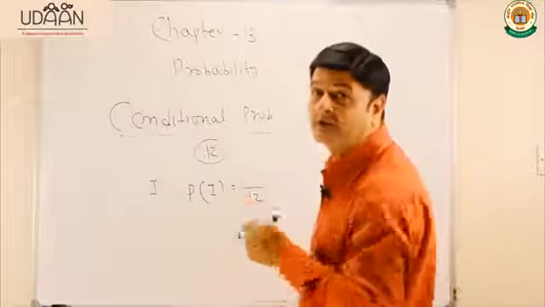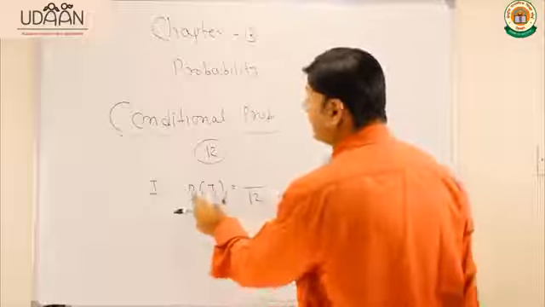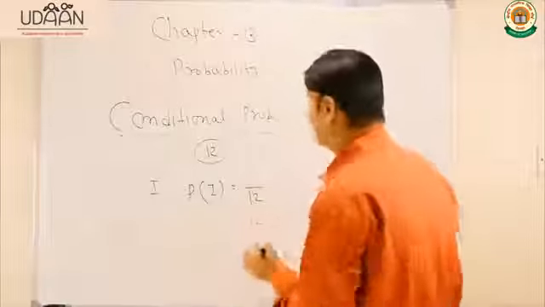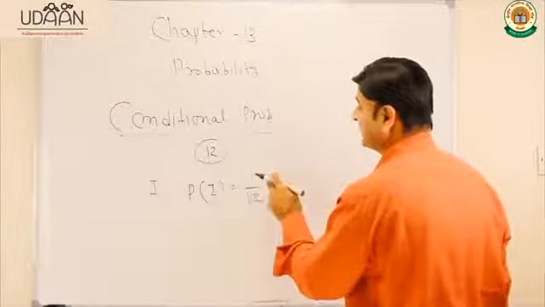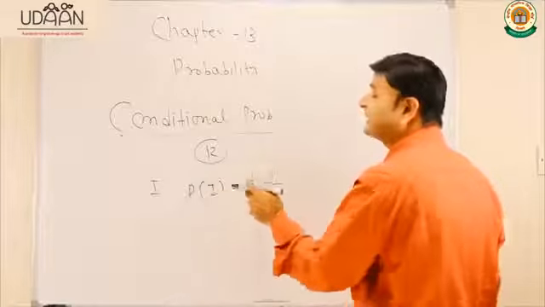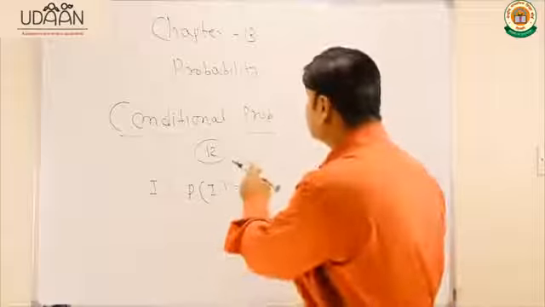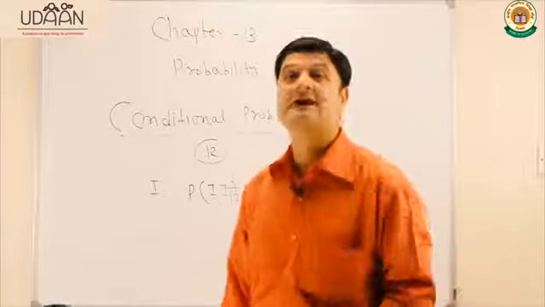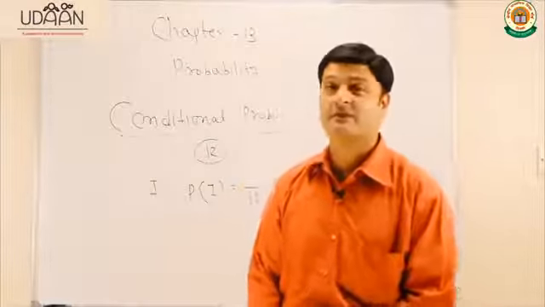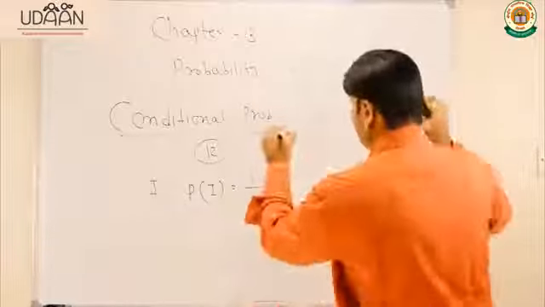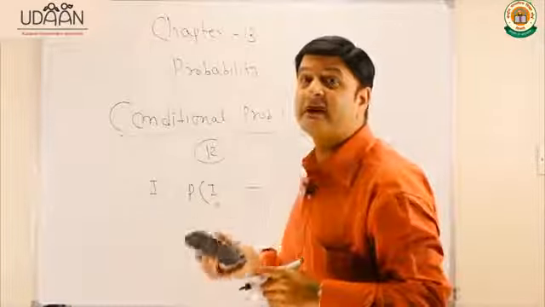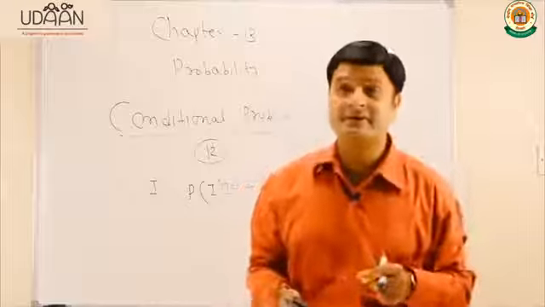Any of the team can be winner, and our favorable outcome is only one, and that is when India will win. So I can say that probability of event I is 1 upon 12 on the basis of 11th standard maths.